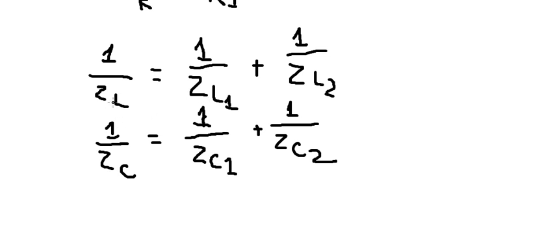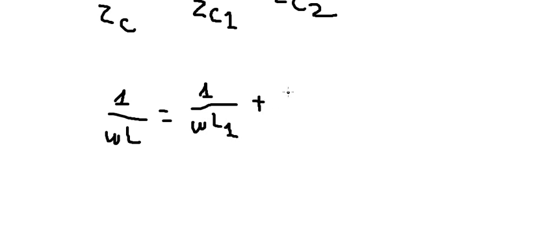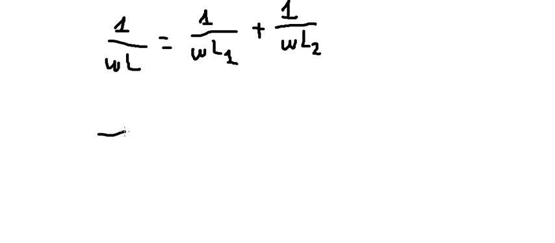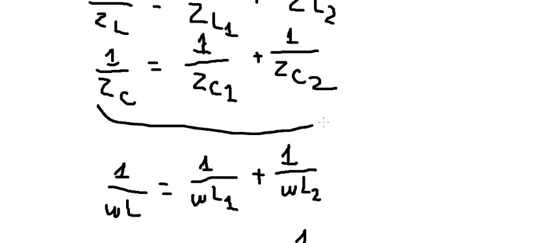So we know that ZL we can transform into 1 over omega L equals 1 over omega L1 plus 1 over omega L2. Now we need to simplify omega on both sides, and we have like this. Now we can do similar for this one.